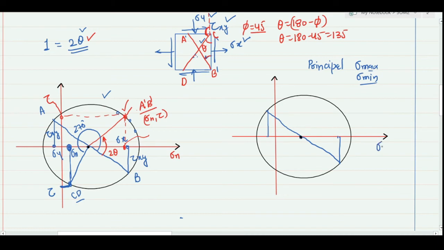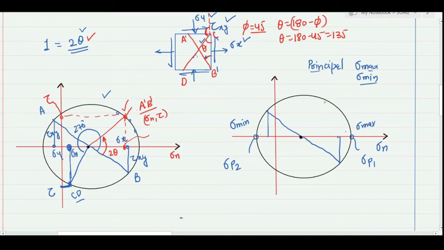So this is the normal stress axis, and if I see carefully, these 2 points represent this minimum stress and this maximum stress. So this point represents sigma P1 and this represents sigma P2. So these 2 points will represent the principal stresses.